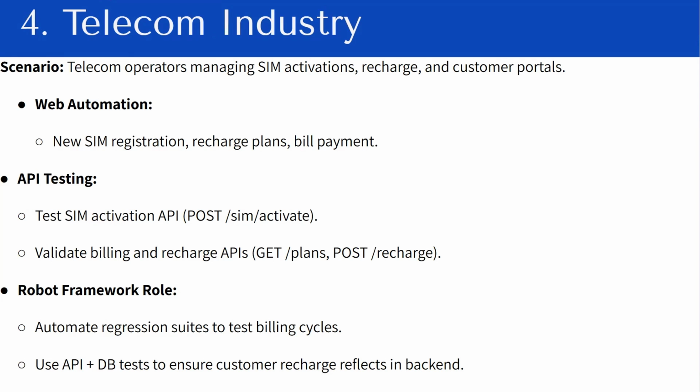We have different options too, and a part of it is API testing, which we are learning in this series. Through these scenarios, you get an idea that this part is done through UI, this part through API, and Robot Framework plays its own role.